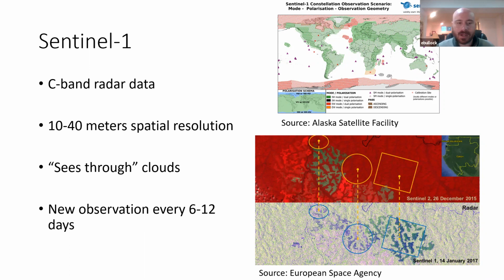People often say that radar data can see through clouds. What that basically means is that it can penetrate through clouds and observe the surface and record data regardless of the cloud cover.